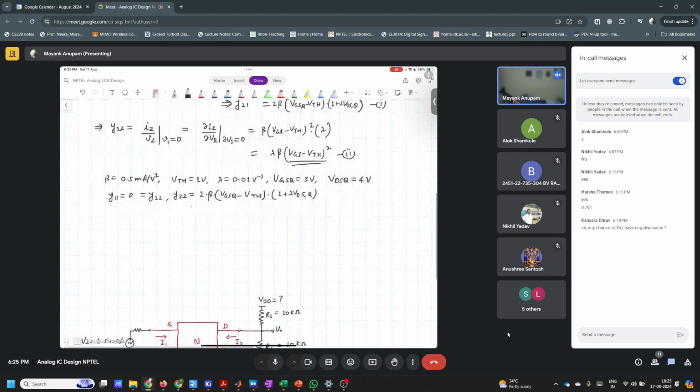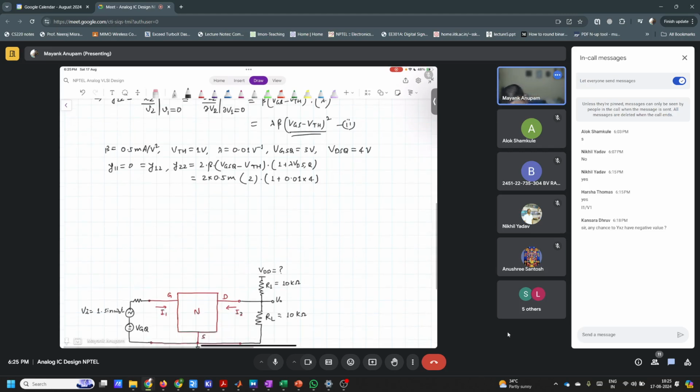So this is equal to 2 times 0.5 milli into (VGSQ minus VTH is 3 minus 1, which is 2 volts) into (1 plus 0.01 into 4), correct? So how much will this be? So this is Y21.